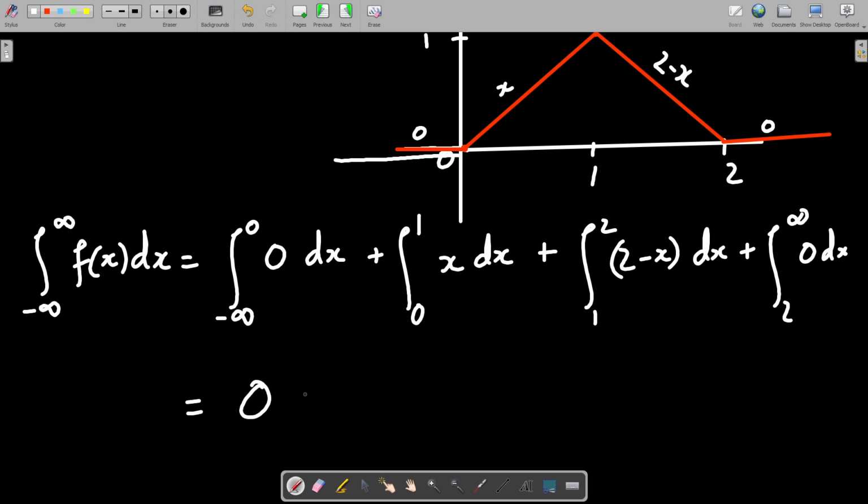So integral of 0 is 0. What is integral of x?